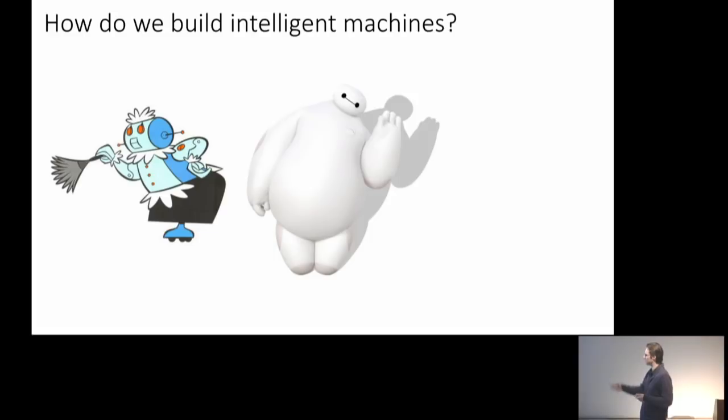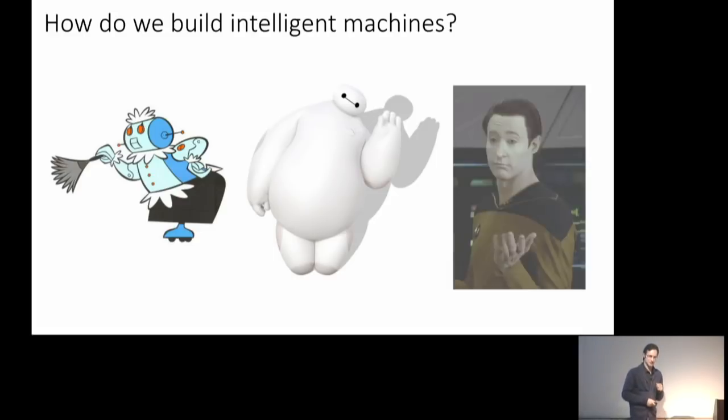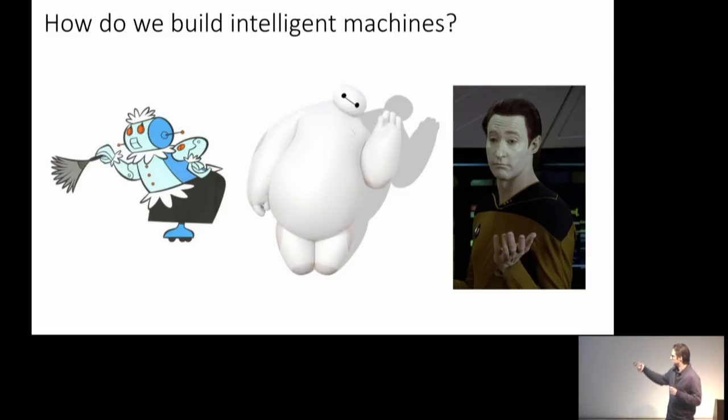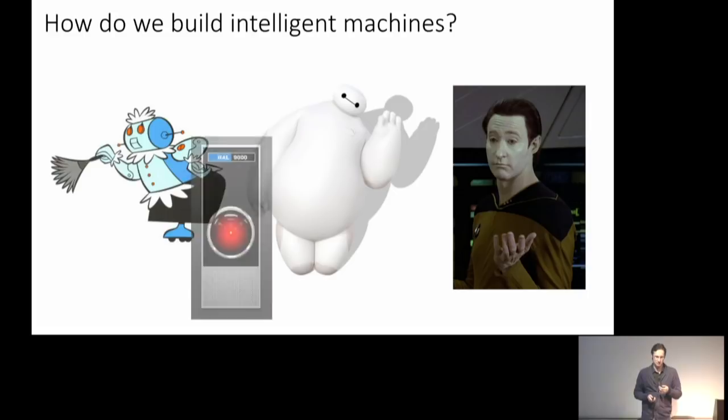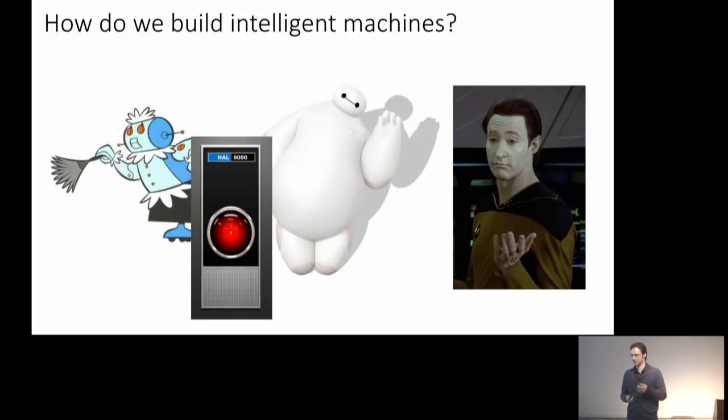So you might have, for example, this guy who maybe is designed to be a kind of medical assistance robot, but is flexible and adaptable enough to be repurposed to fight supervillains or something like that. Or this guy who is an android and can command a spaceship. Or if you're a little more nefariously inclined, maybe you think about this guy here who also has a particular mission to accomplish, but has his own ideas about how that should be done.